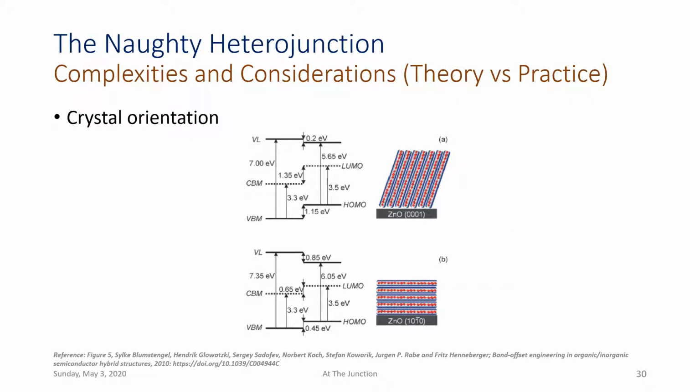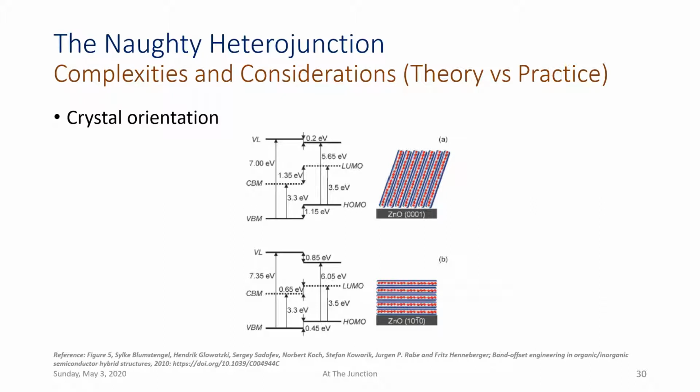The fourth consideration is the crystal orientation during growth. As you could see in the figure taken from the paper in the reference, the delta EC in figure A is different from the delta EC in figure B. The delta EVs are different, and even the work function from the vacuum levels are different.